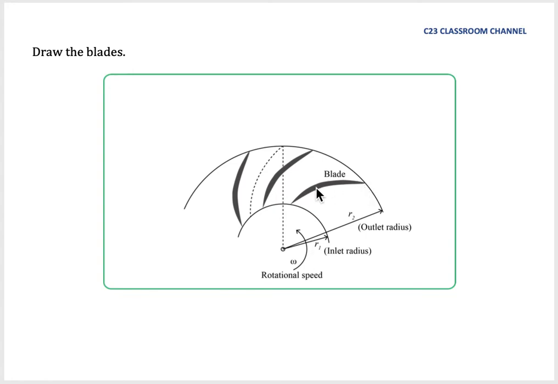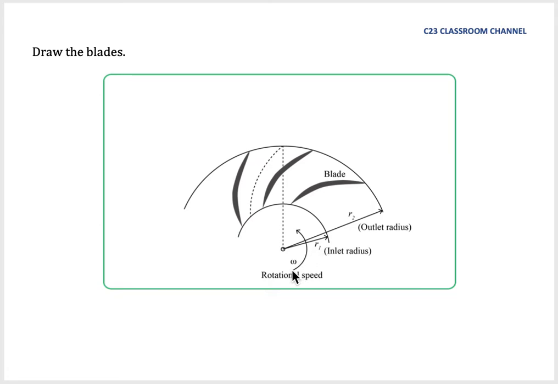If we have a blade like this, just imagine that you sit on the tip of the blade and face the same direction as the rotational speed. You stand on the tip of this blade facing to the left, because the rotational speed is counterclockwise. If the rotational speed is clockwise, you imagine that you stand at the tip of the blade but facing to the right.